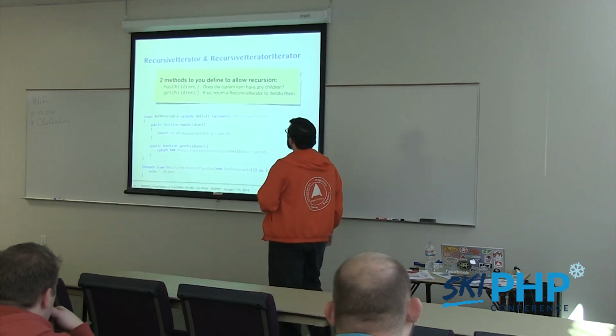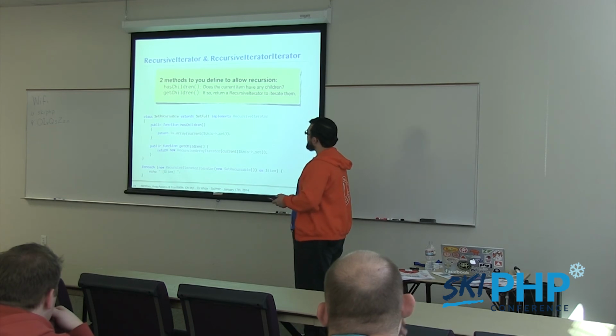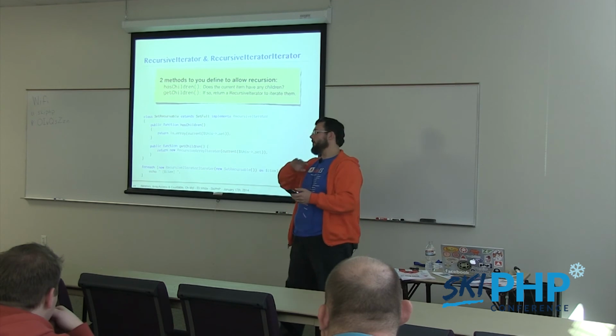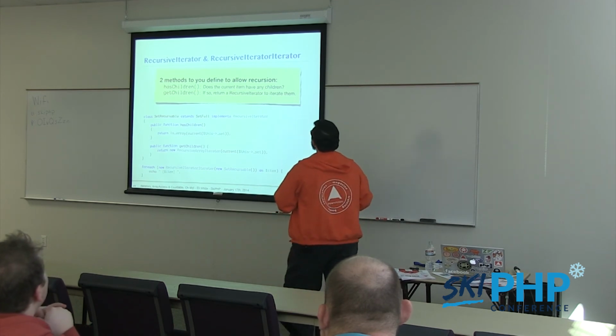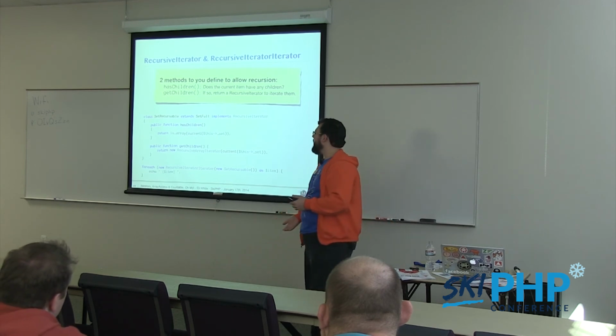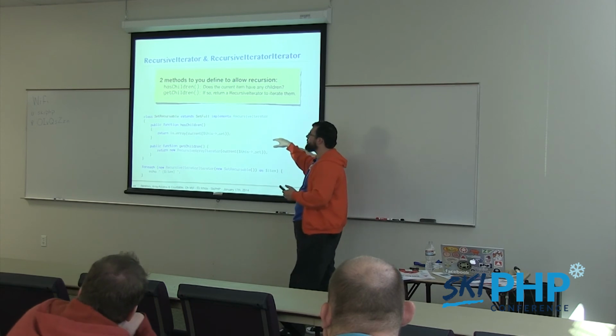Here's the part where everyone falls down drunk, because you've got recursive iterator and recursive iterator. And I'm not even going to try. Basically, this allows you to recurse over various items. You define two methods, hasChildren and getChildren.